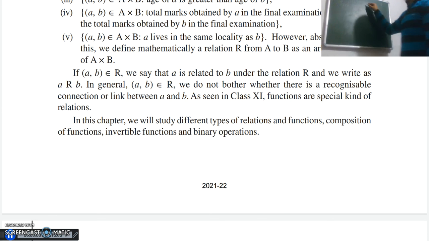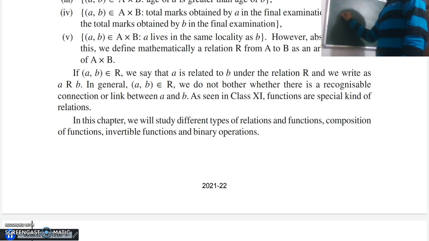If A belongs to set A, and if we are able to prove that (A, A) belongs to R, where R is a relation on set A, then this relation we can call a reflexive relation. Okay, done. Nothing else. This was reflexive.